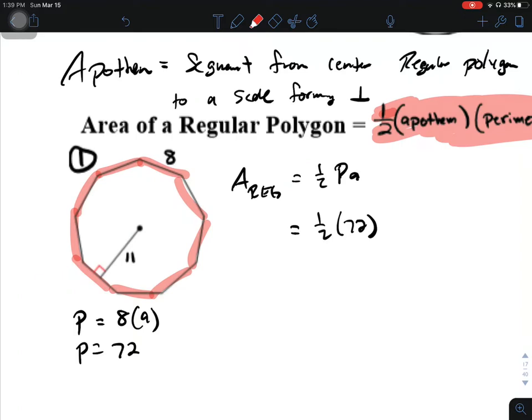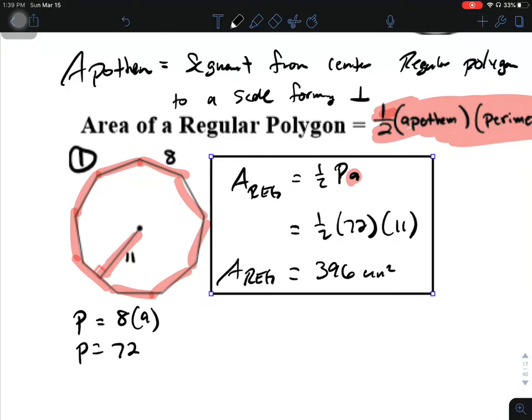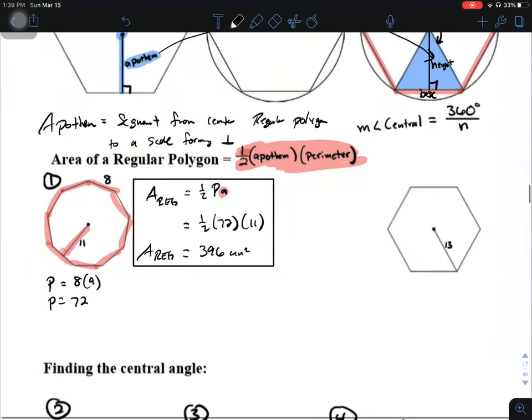Do we know what the apothem is? Sure looks like it's 11. It goes from the center to a side forming a perpendicular. It's going to be 36 times 11, which is 396. We weren't given any units for this, so we'll just say it's square units. Had you found the area of that triangle and multiplied it by 9, you would have had similar results.